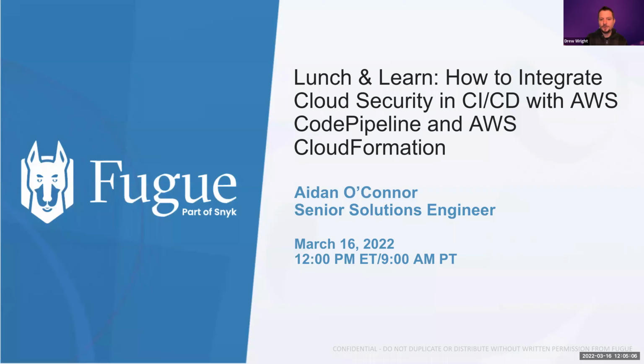So we at Fugue believe that cloud security is really all about prevention and secure design, as opposed to the traditional security techniques and approaches that we saw in the data center, like intrusion detection and network security, which really don't apply in the cloud.